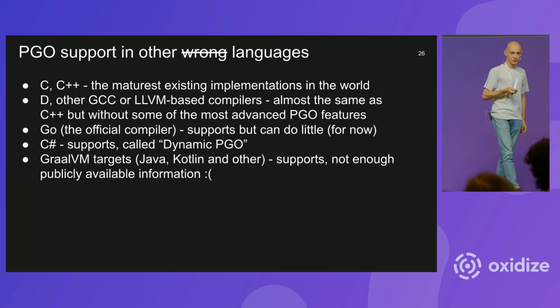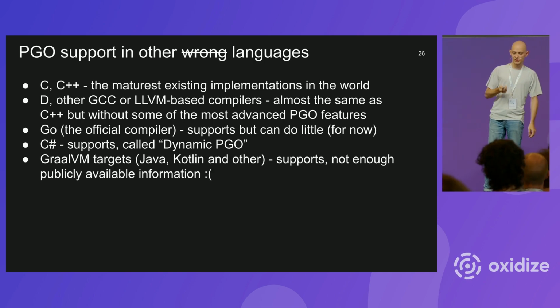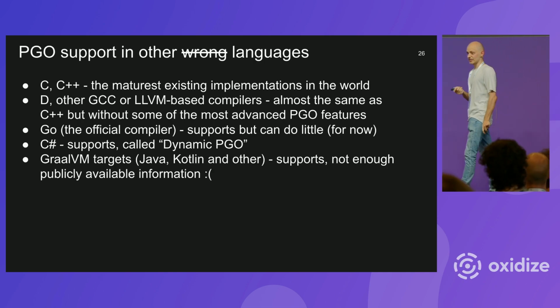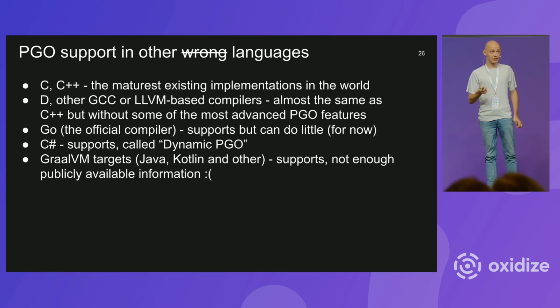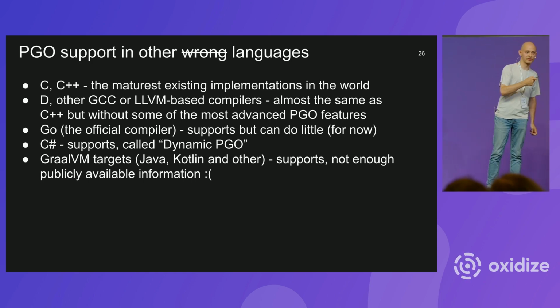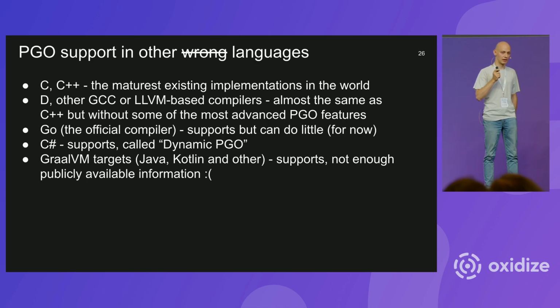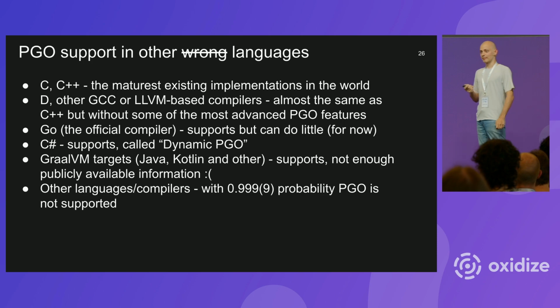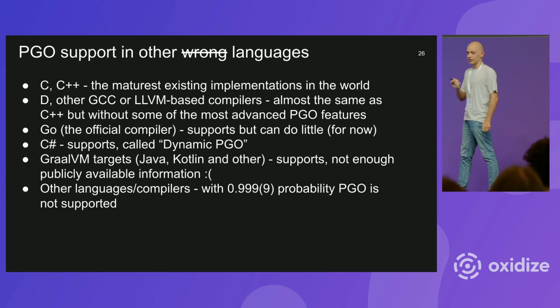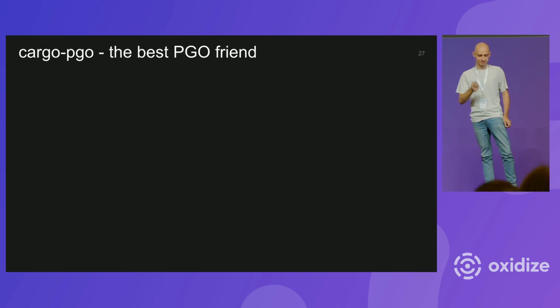I cannot say much because, fortunately, I'm not a C# engineer. And for the Java ecosystem, there is an AOT compiler called GraalVM. Unfortunately, it supports it, but there is not enough publicly available information. At some point, they stopped answering my questions in the upstream. And for other languages' compilers, with high probability, PGO will not be supported.